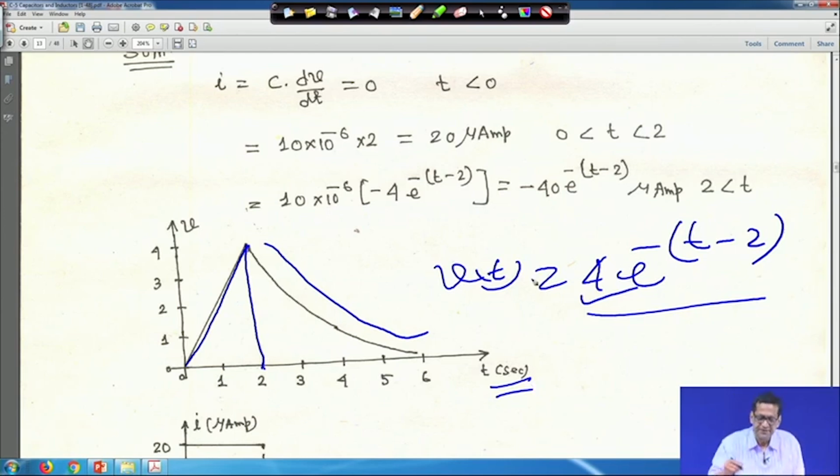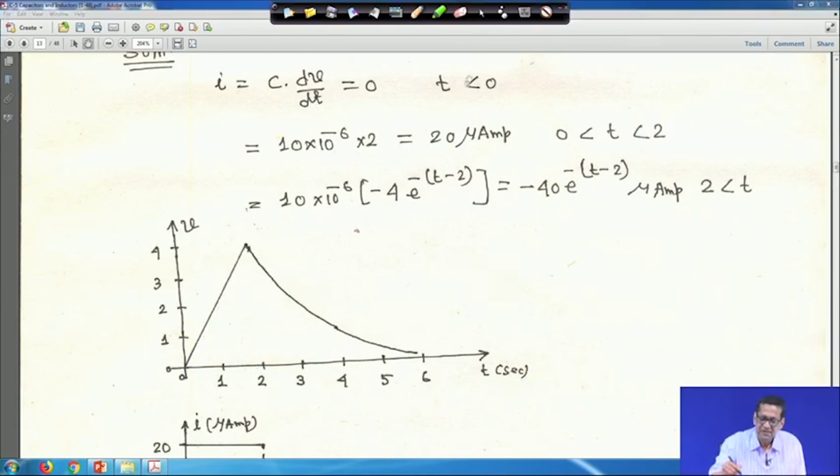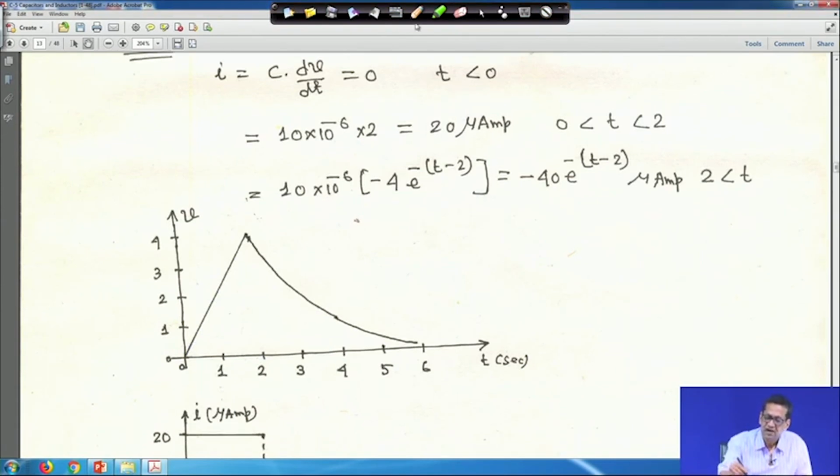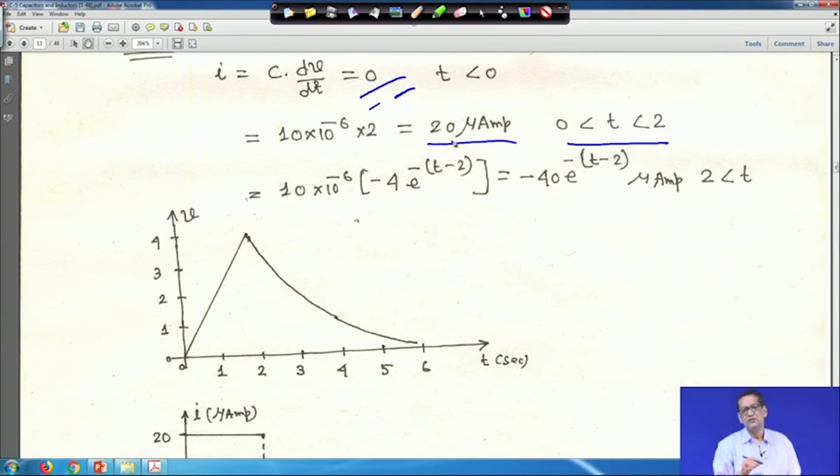Similarly, if you plot I(t): for t less than 0 it is 0, between 0 and 2 it is 20 microampere, and for t greater than 2 it is minus 40 e to the power minus (t minus 2).